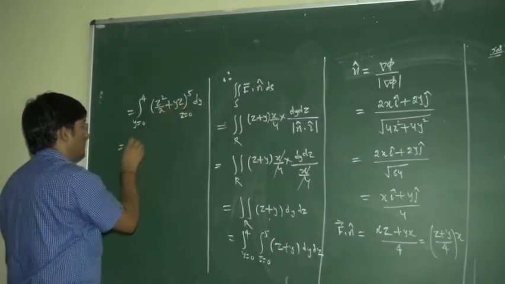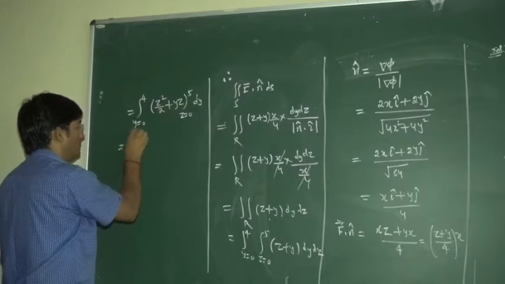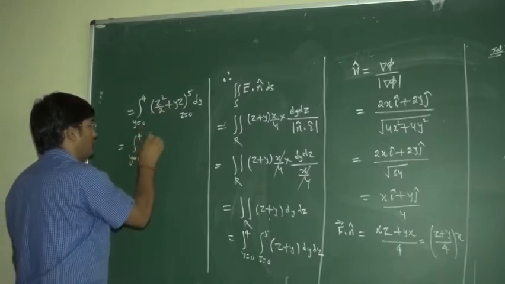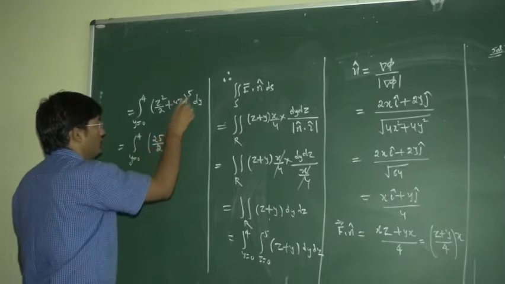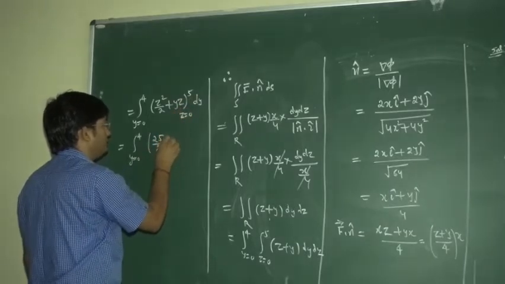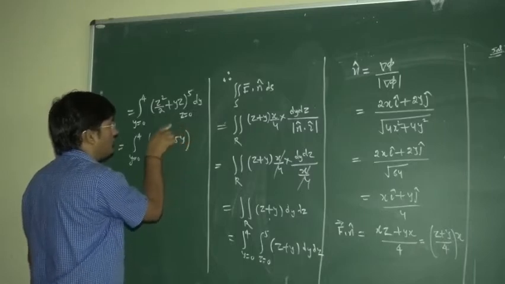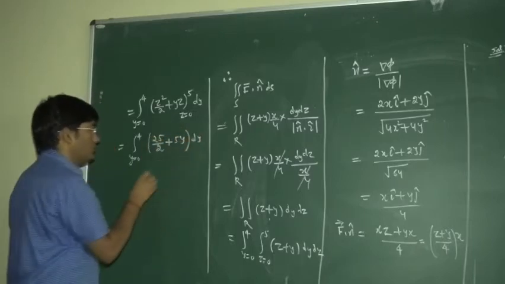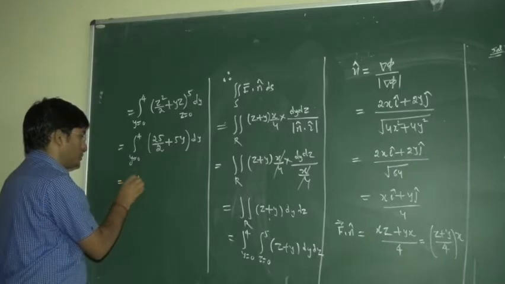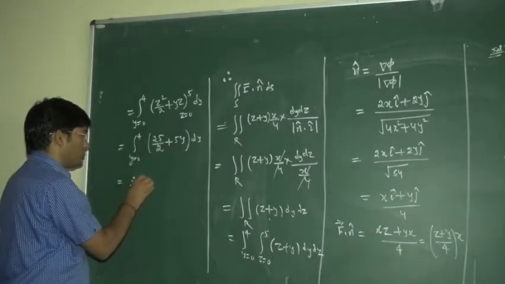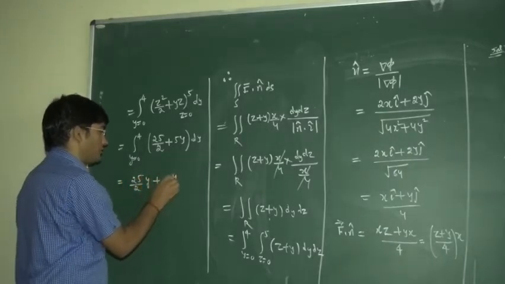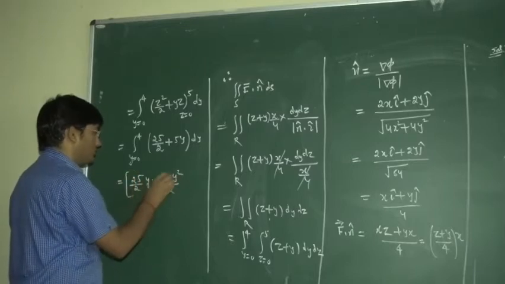Now this will be 25 upon 2, and here we will have 5y. For the lower limit we have the value 0. So now the integration with respect to y. The integration of 25 upon 2 will be 25 upon 2 into y. Then here we will have 5y square upon 2, and then your limits from 0 to 4.